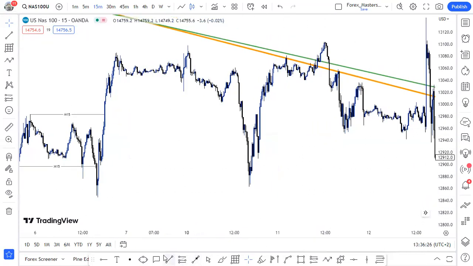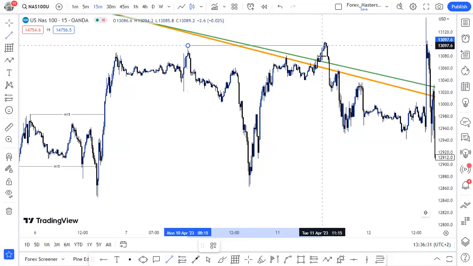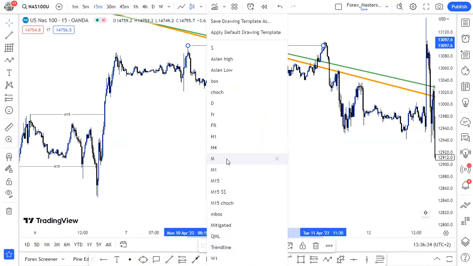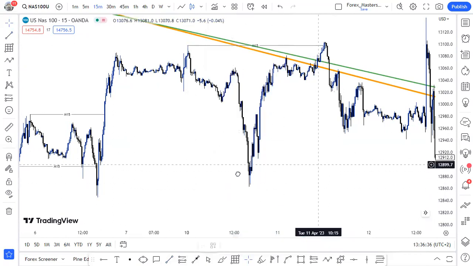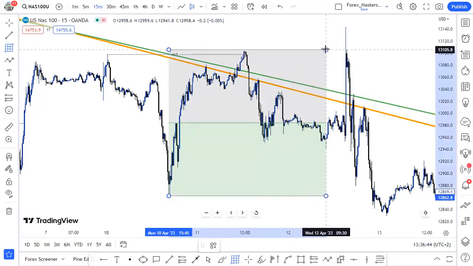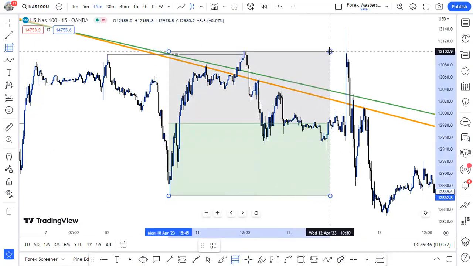Then what happened? Then price again breaks structure to the upside. All right, after price breaks structure to the upside on M15, then we expect to see a pullback. Again, the market did pull back into these areas right here. So let me take my Gann box and put it right there.